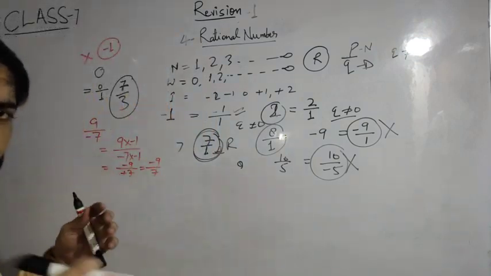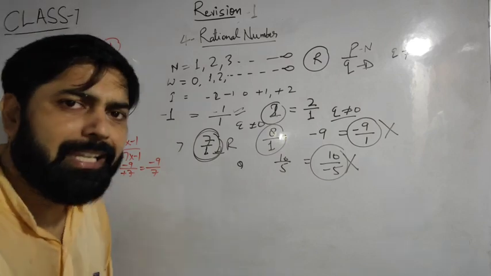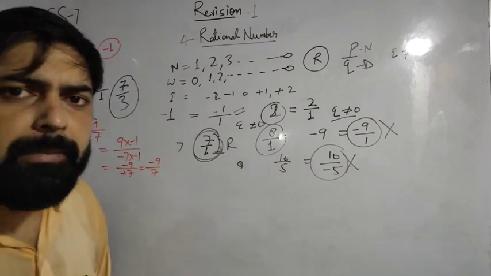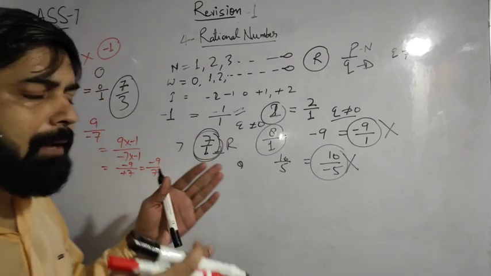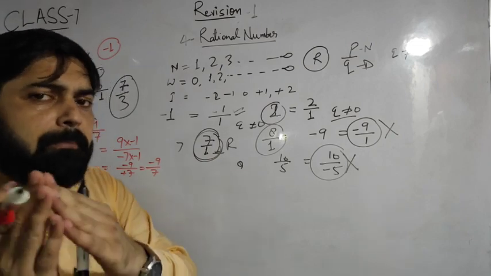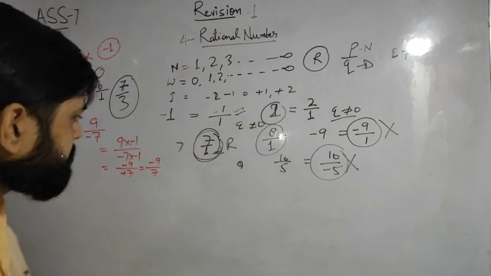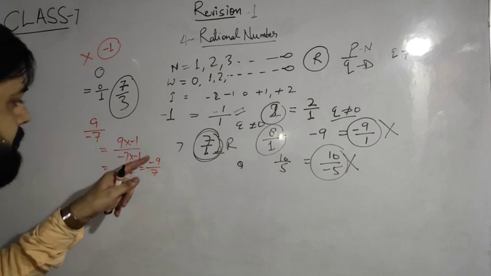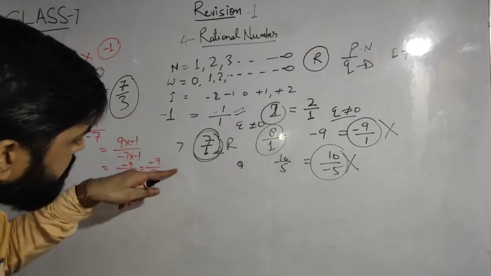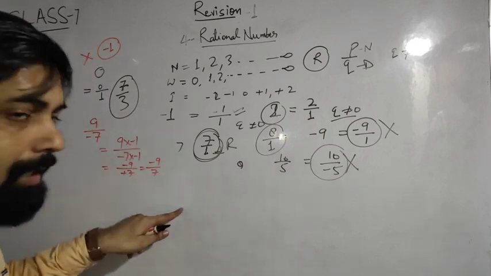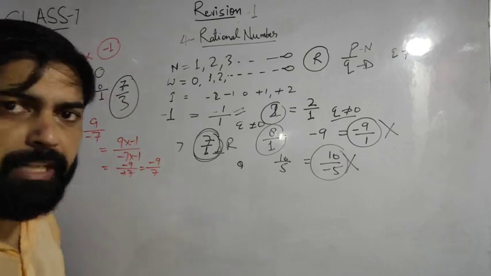And I think everyone understands how we can write any rational number with the positive denominator, because I have explained many times in my previous video. Understood? This is the method of writing a negative denominator as a positive denominator.